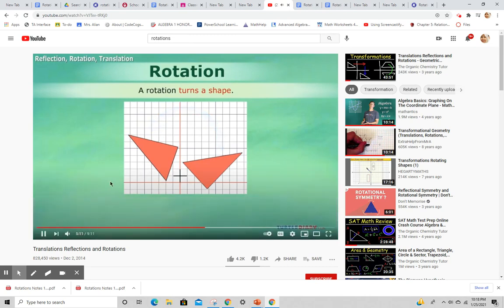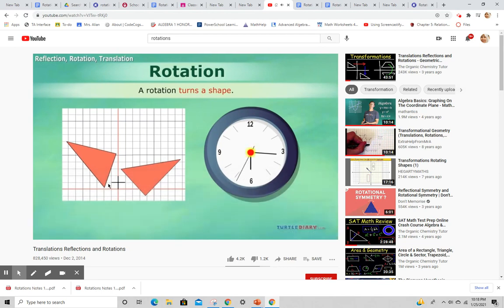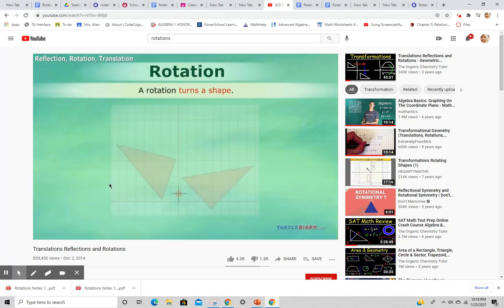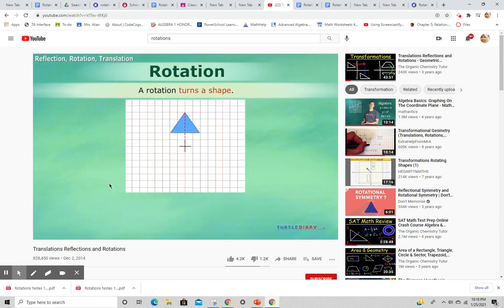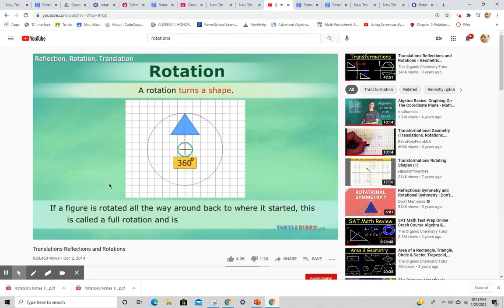There is always a point about which the shape is turned, like the center of a clock, about which the minute and second hands move. In our example, that point is marked with the crosshairs. If a figure is rotated all the way around, back to where it started, this is called a full rotation and is 360 degrees.